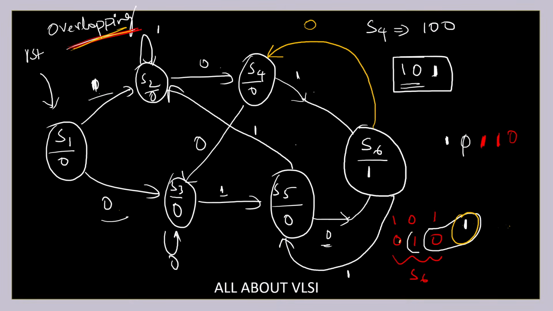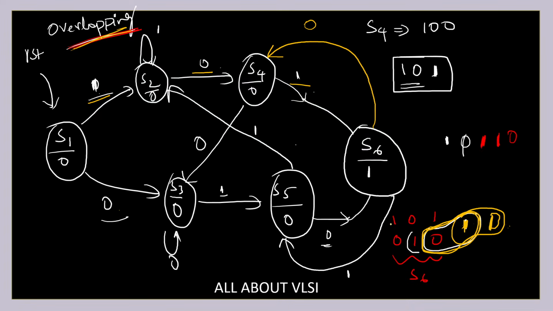If you get 0, 1, 0, 1, 0, 1, and if you get 1, we are going back to 1. That's correct in terms of 0, 1. But if we see over here, if we get 1, 0, 1, we have entered into S6. And if we got one more 1, we are entering into S5. And let's say if I got one more 1, your sequence is not getting formed at all.